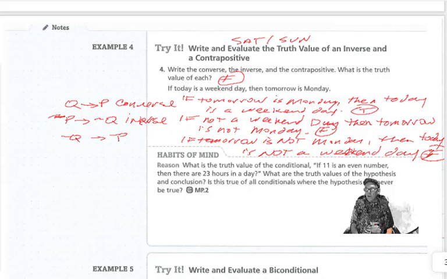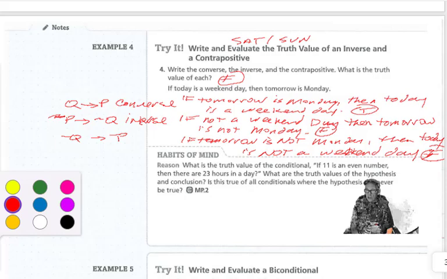So we can form all these different patterns with the if-then parts of the statement, the Q's and the P's, but when we evaluate them separately, we have to think of counterexamples, and if we can find a case that shoots it down, we can say that it's false. We can't just assume that they're always going to be true.